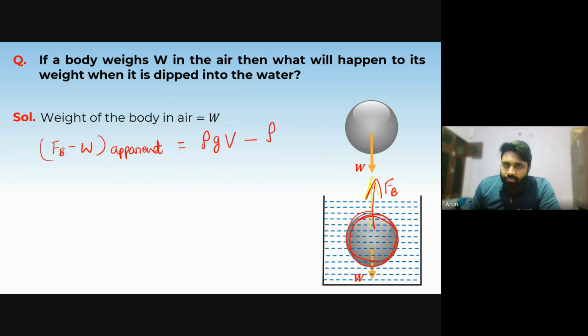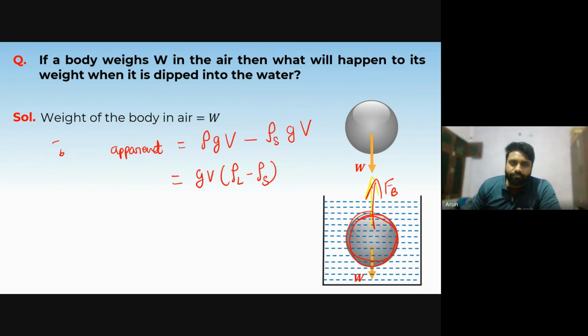So density of the solid into gravity, and the complete volume is inside. Here you can take g and V as common, so it is rho of liquid minus rho of solid.